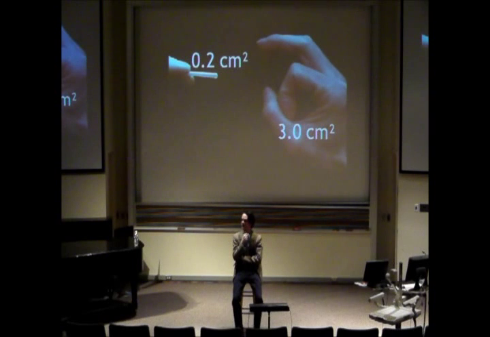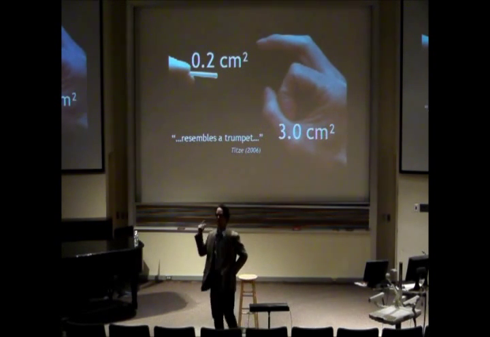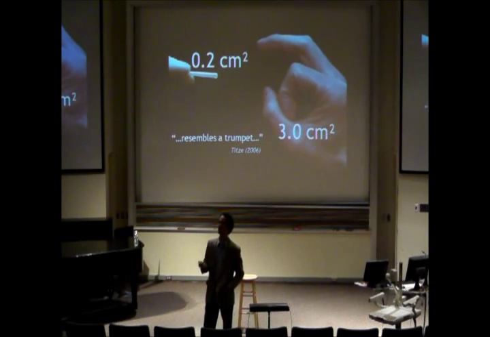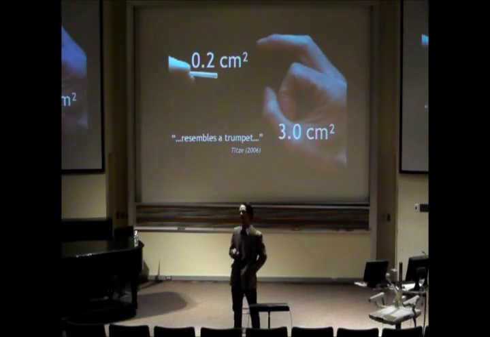And 3 square centimeters is about the size of an O vowel. Titze found that when you structure your vocal tract in approximately this ratio, from small to large, that's when it operates the most efficiently. Obviously, we can't sing with a semi-occluded vocal tract all the time. It wouldn't be very loud. So the mouth does have to be open. And he describes it as a trumpet.